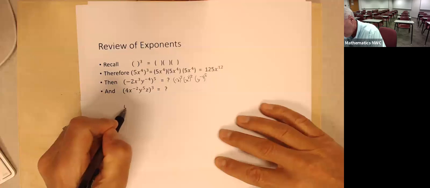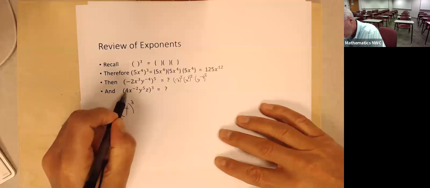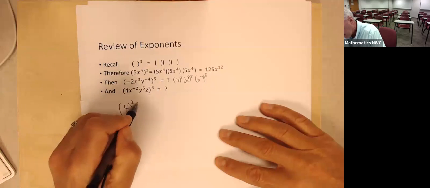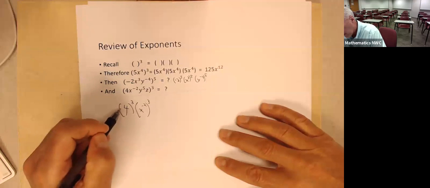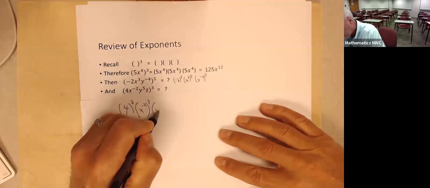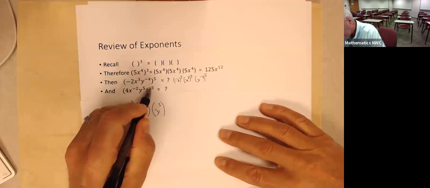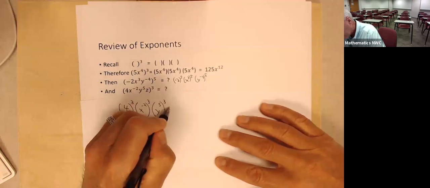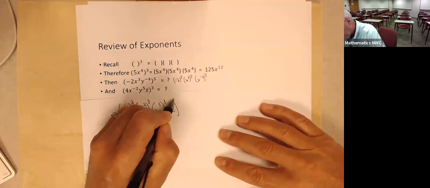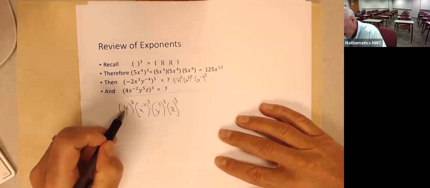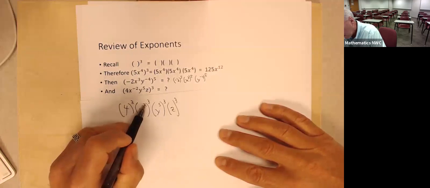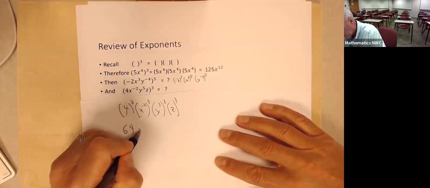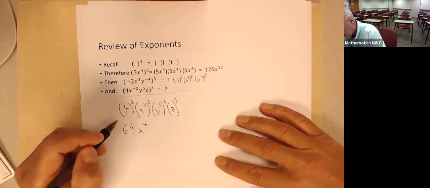This will be 4 raised to the 3rd power. It's going to be x to the -2 raised to the 3rd power. It's going to be y to the 5th raised to the 3rd power. And it's going to be z raised to the 3rd power. This means 4 times 4 times 4, which is 64. Here I got a power raised to a power, which means I multiply to get -6.